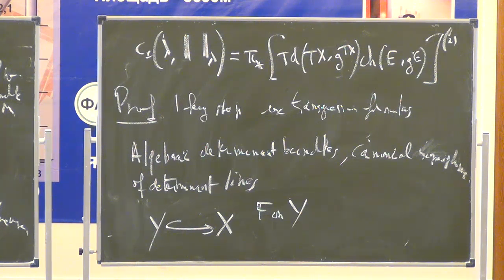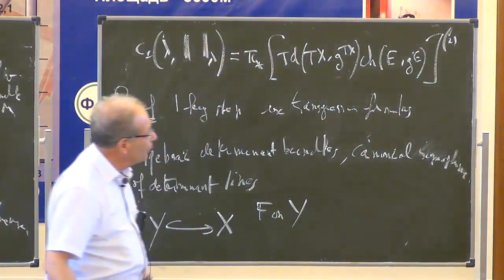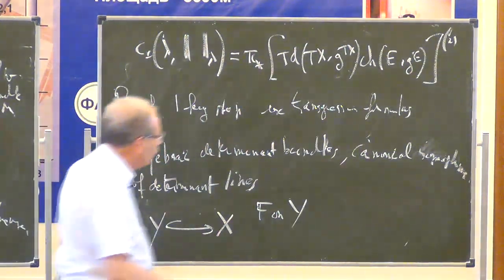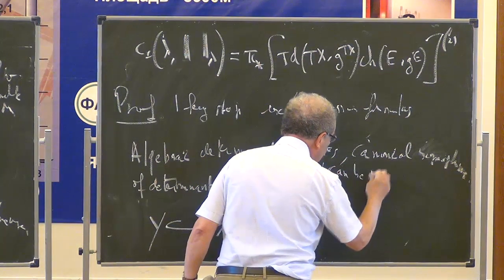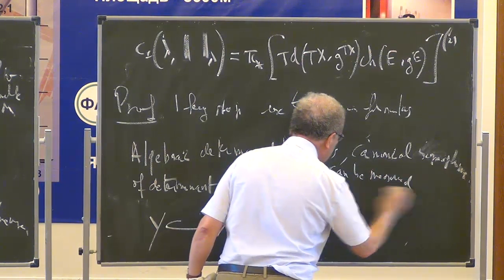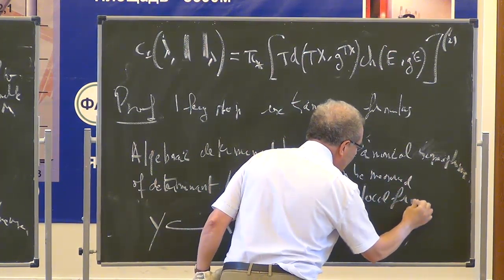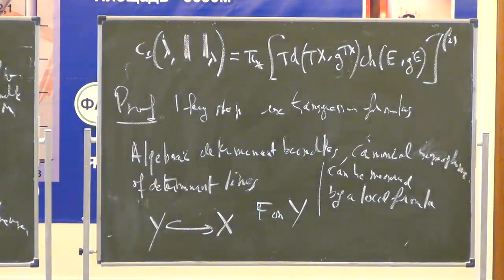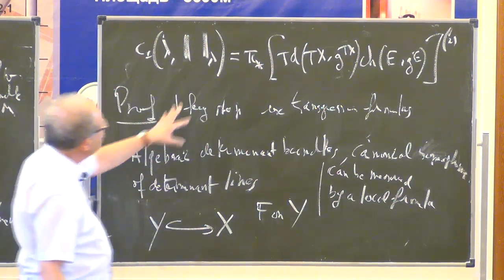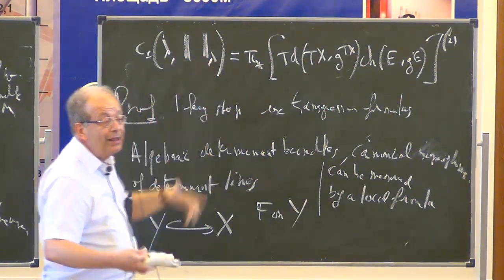Okay, so the answer is always that this canonical isomorphism can be measured by a local formula. The difference of metrics can be measured by a local formula, which means that in the end, up to local terms, you can expect to be able to completely calculate the metric just out of arithmetic data.